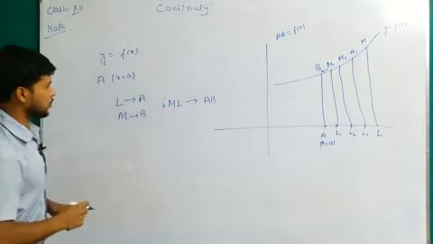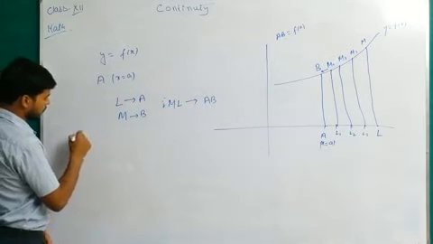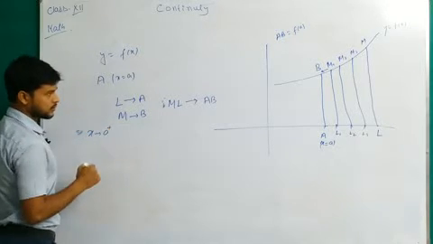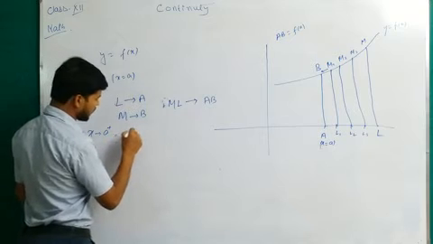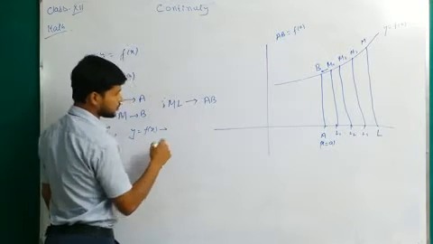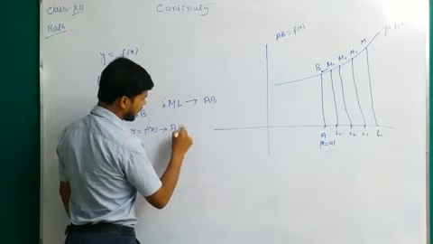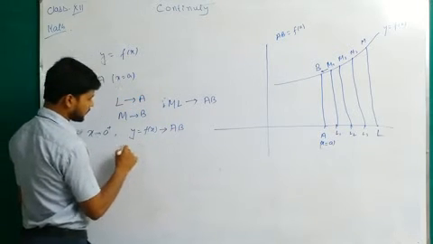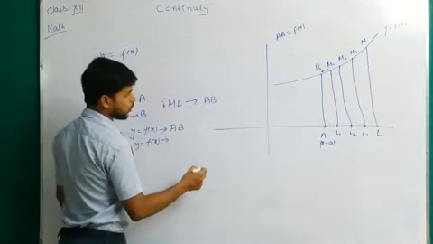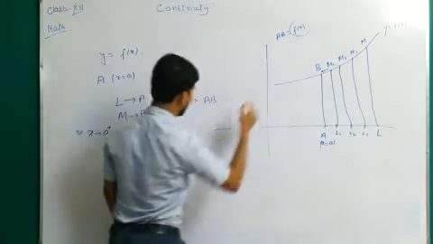In that case we can say that when x tends to a plus, f of x, means y equal to f of x, will tend to the ordinate AB. That means y equal to f of x will tend to the ordinate f of a.